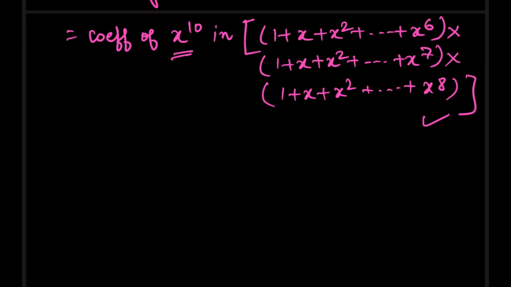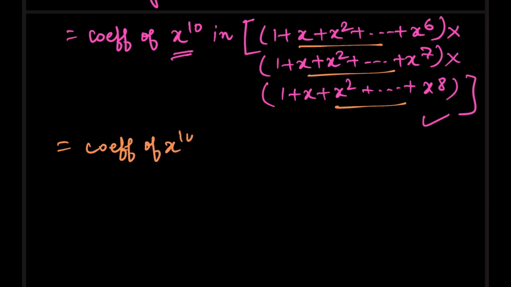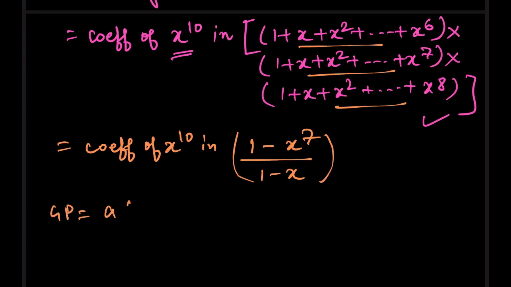The first thing is, this is a GP series, this is a GP and this is a GP. So let's solve it. The coefficient of x to the power 10 in, if you write this GP, it will be (1 − x⁷)/(1 − x), because we know the sum of a GP is a(1 − rⁿ)/(1 − r), where a is the first term, r is the common ratio and n is the number of terms.